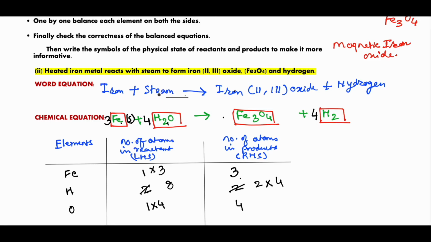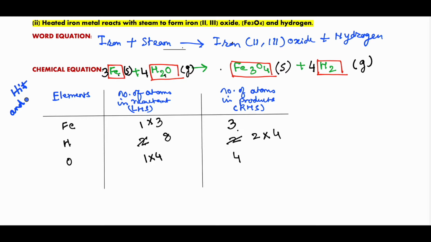This water in the form of steam is gaseous in state. Then this Fe3O4, iron oxide, is solid in state, and 4H2, this is gaseous in state. So this is a complete balanced equation. This way of balancing is by hit and trial method.